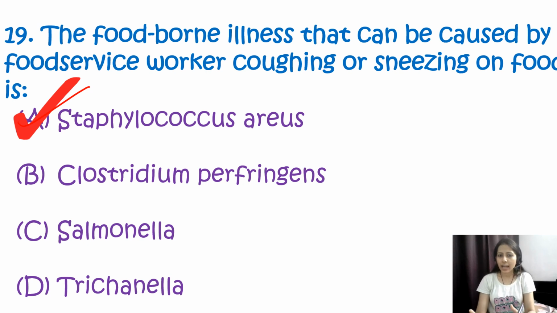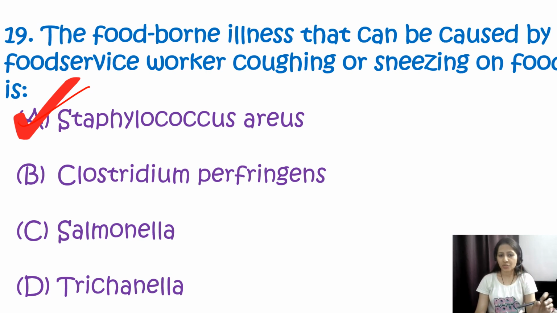If a food handler carrying Staphylococcus aureus coughs or sneezes over the food, what happens? This bacteria can be transferred to that food product, where it can multiply and produce toxins, which can cause illness when consumed by the consumers. So over here the correct option is A, that is Staphylococcus aureus.